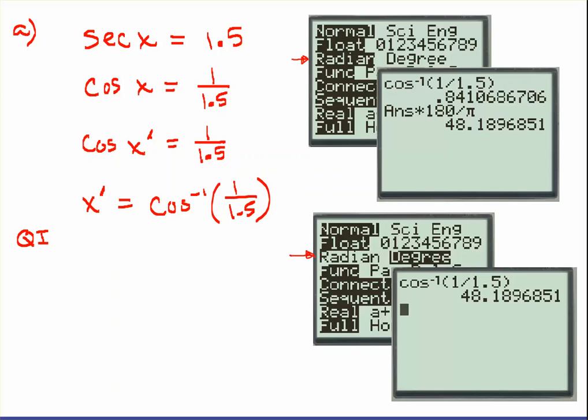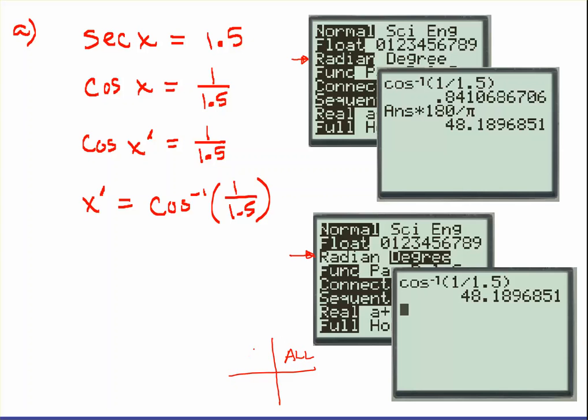So now, the question is, which quadrant are we in? And it goes back to doing this thing right here. Let me just do this real quickly here. In quadrant 1, all functions are positive because positive x, positive y.